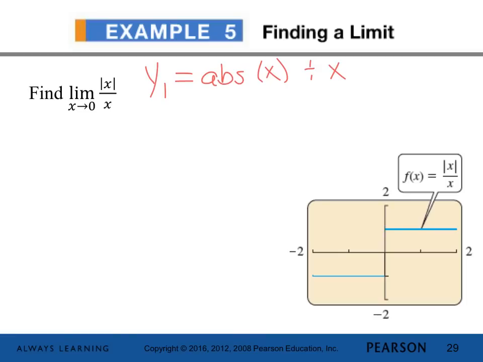And keep in mind that the absolute value of x means that if x is a negative number, the absolute value is a positive number. And if x is a positive number, the absolute value is also a positive number. So if x is positive, then you're going to have a positive number divided by a positive number, which is going to turn out to be a positive number.